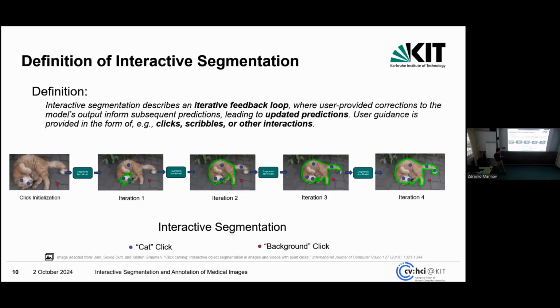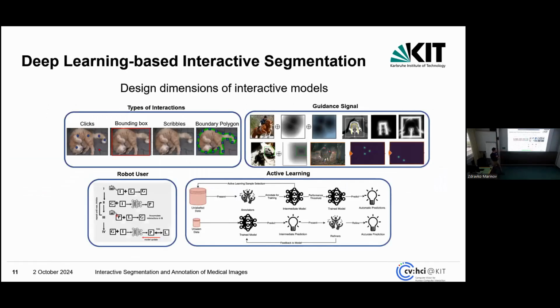You can add clicks wherever you think the model has made a mistake. That's really important for medical image analysis because we have this implicit control of the reliability of the model. And we also update the predictions in each interaction. There are different dimensions to designing an interactive segmentation system, and I really want to go through each one by one to show what exactly it's about.